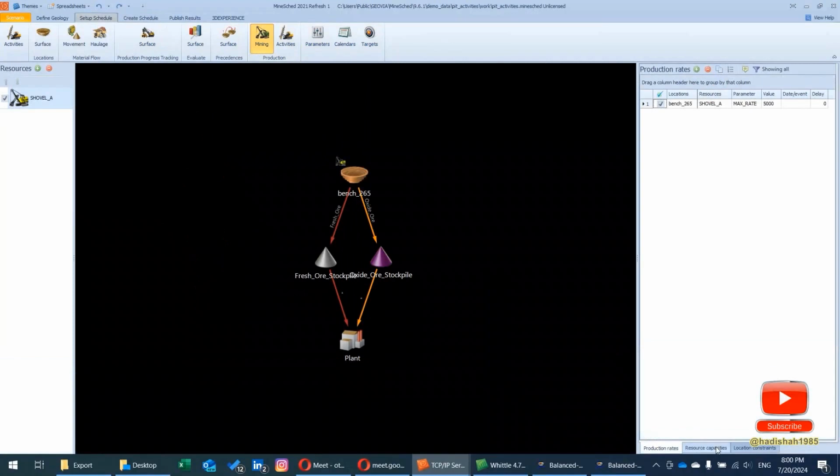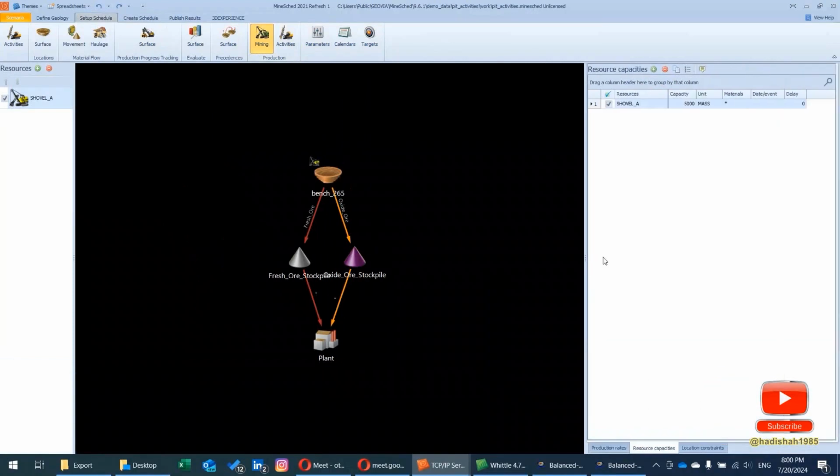For example, one should ask, how did I get to this number, 5,000 tons per day, that is possible to be excavated by my fleet of shovels? How did I get to this figure? It must be based on calculations, and especially simulations can help us here.